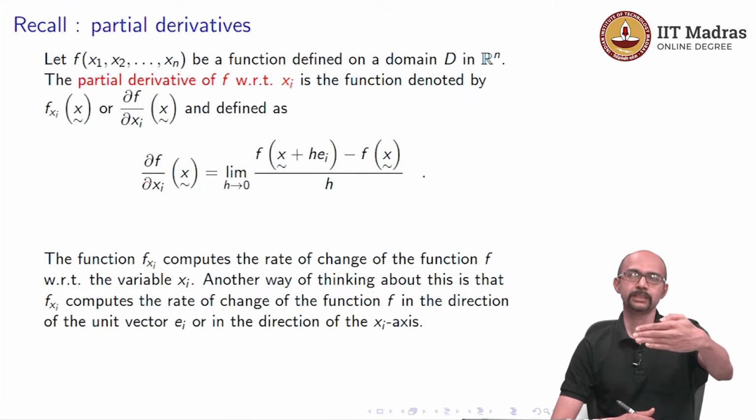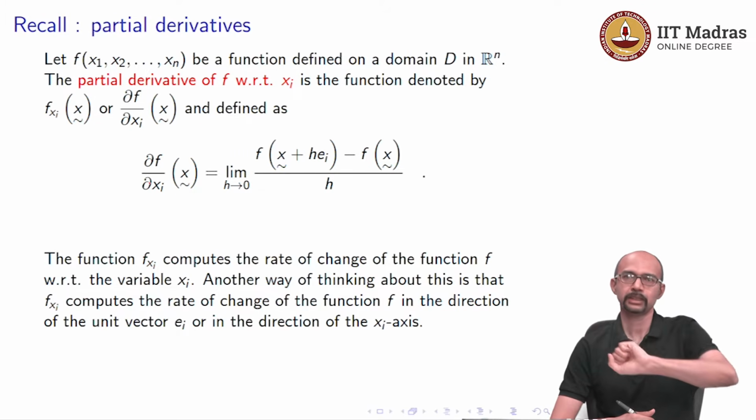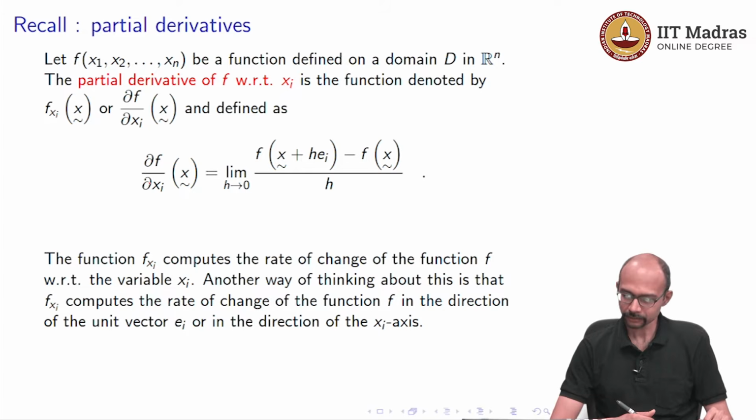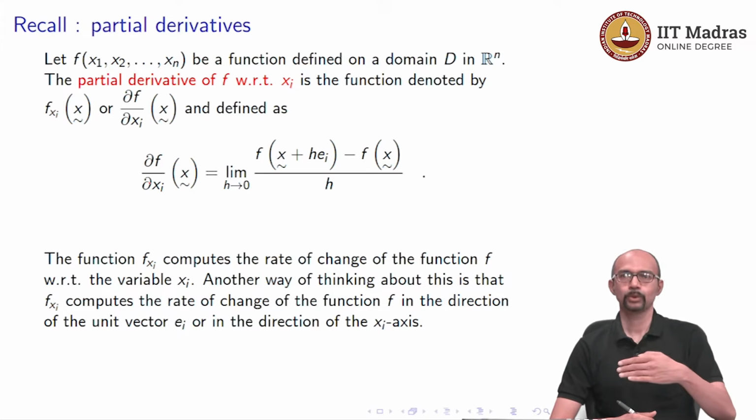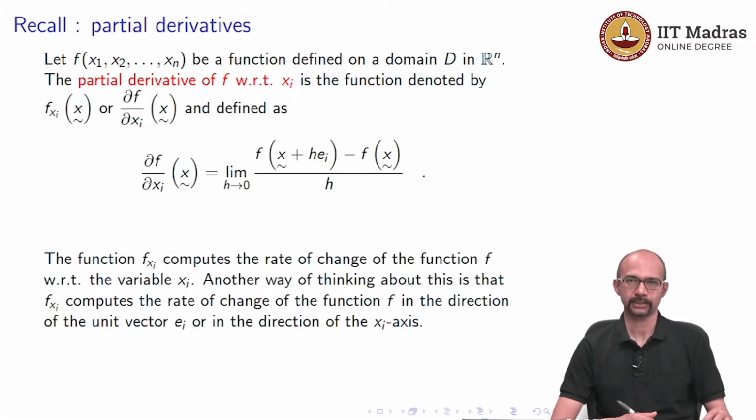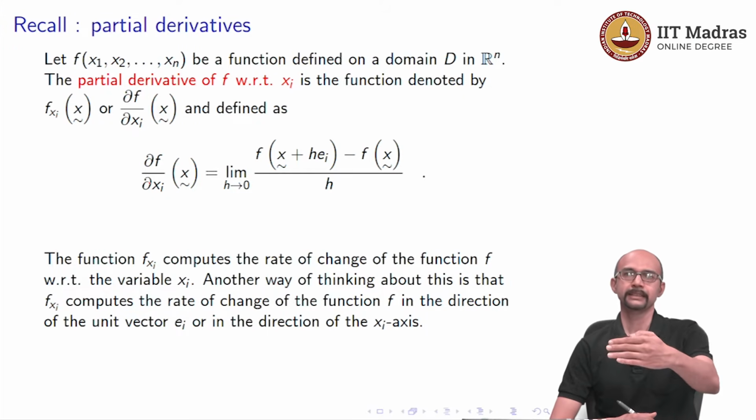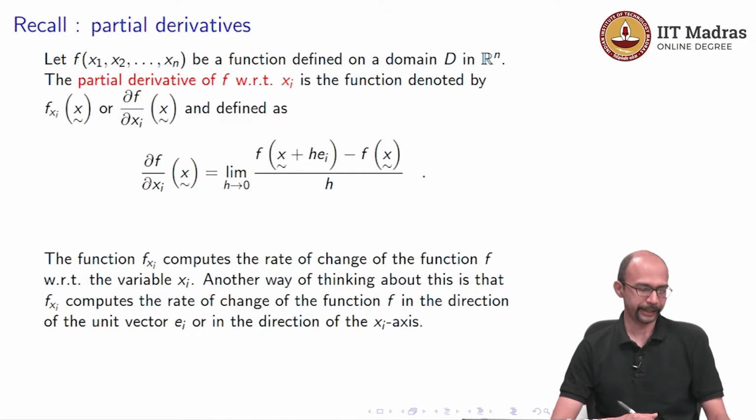Remember, ei is a vector, and now we are moving that vector to start from the point A, in the direction of the xi axis. So, the direction is the direction of the xi axis, which means that you are moving this xi axis parallelly so that it passes through your point A tilde.